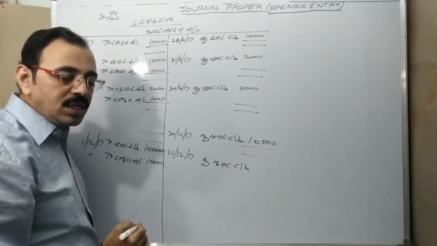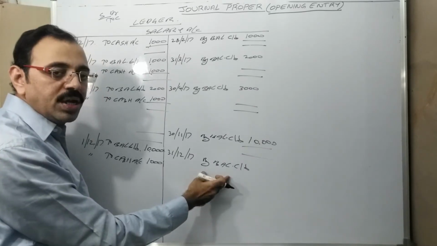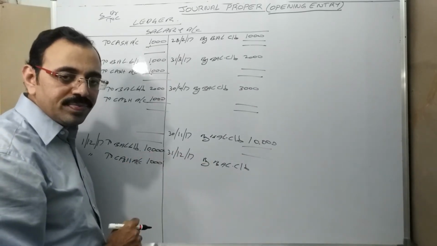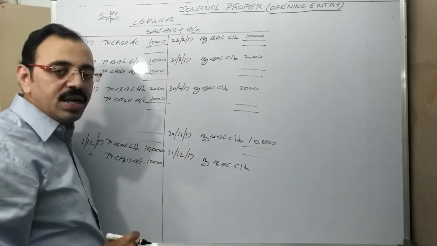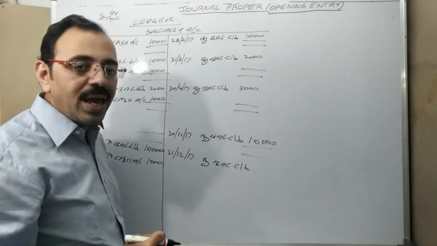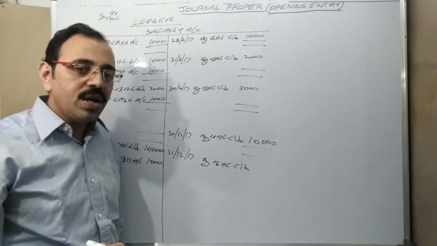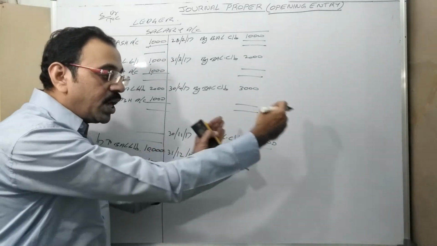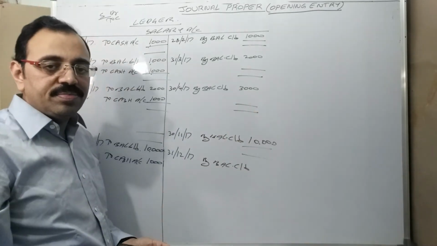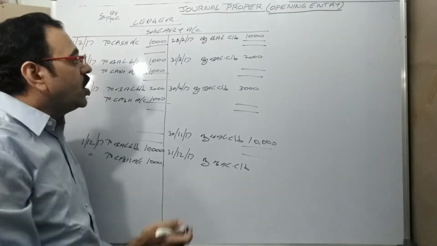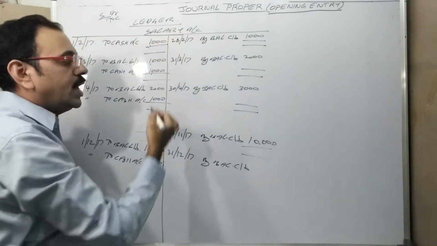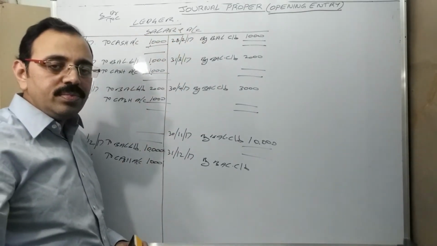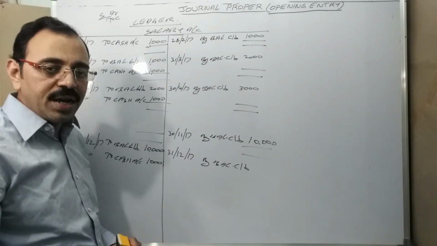Then the meaning is this account is not yet closed. In 2017, if you are not closing the account, what is the meaning of that? You want to transfer that amount to next year. But I said nominal accounts are temporary accounts. We should close them at the year end.